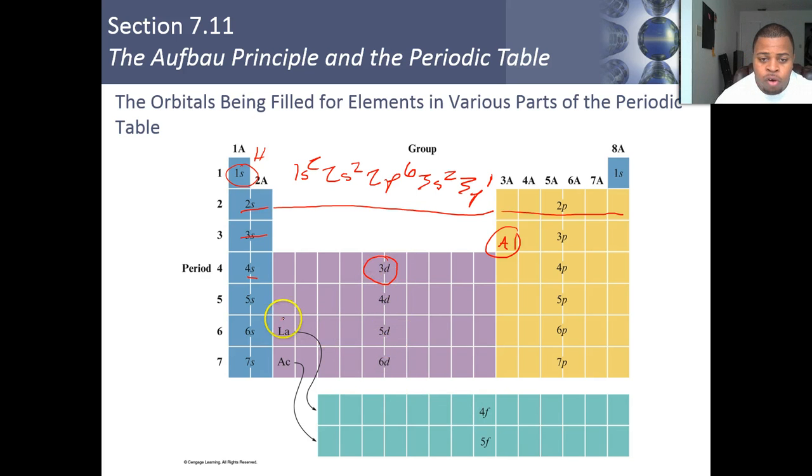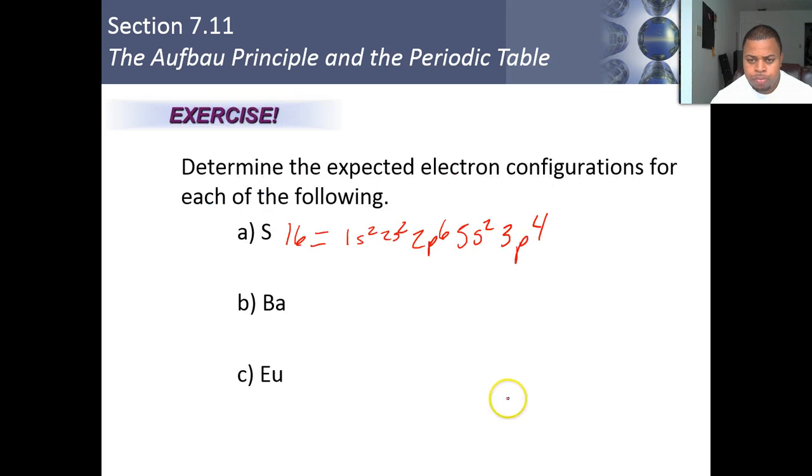It shows us that our f orbital actually goes in right here. And we notice that when we jump into our f orbital, we start off at 4f, even though it's on the 6th energy level. I wonder what's going on there. And that's what I want you to start thinking about. How are we going to figure out what's going on, and why is it that in each of these, for the d orbitals, we drop 1 level, and for the f orbitals, we drop 2?